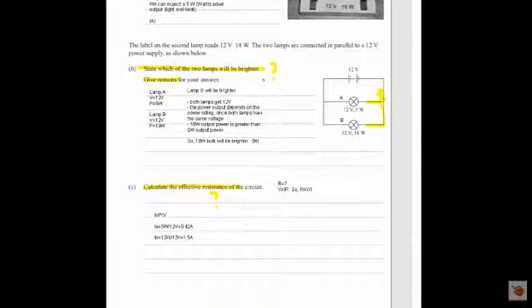So I can go ahead and make a statement here that the current total equals 0.42 plus 1.5, which equals 1.92 amps. And what I just found was this value right here.